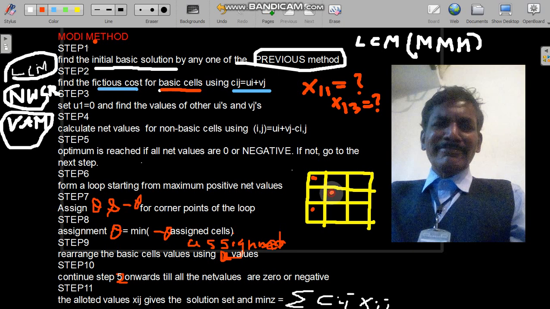Like that, we have assigned some values, and those cells are called basic cells, and all others are non-basic cells. Nothing is assigned in the others. The cells with assigned values are called basic cells.